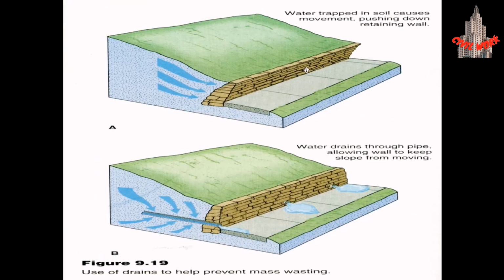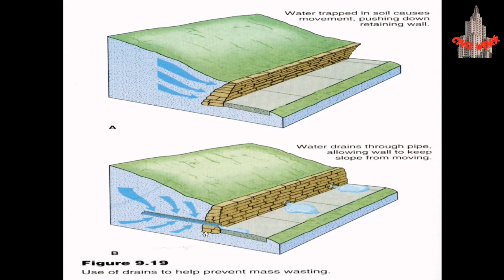Then this figure shows that if we have a retaining wall here, then this retaining wall without drainage holes will not play a vital role in preventing this area from sliding from here to there.